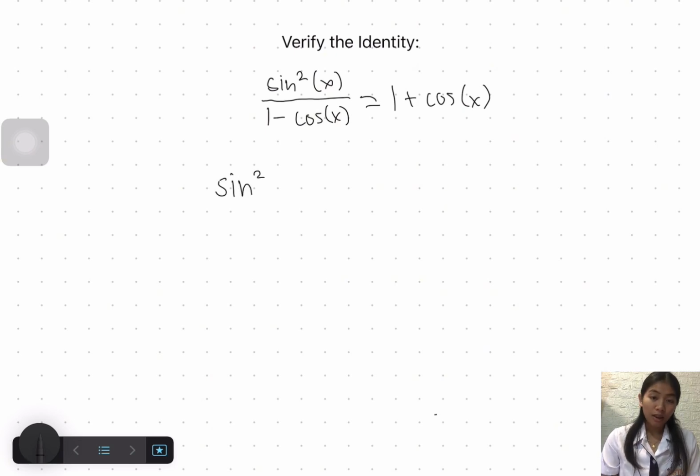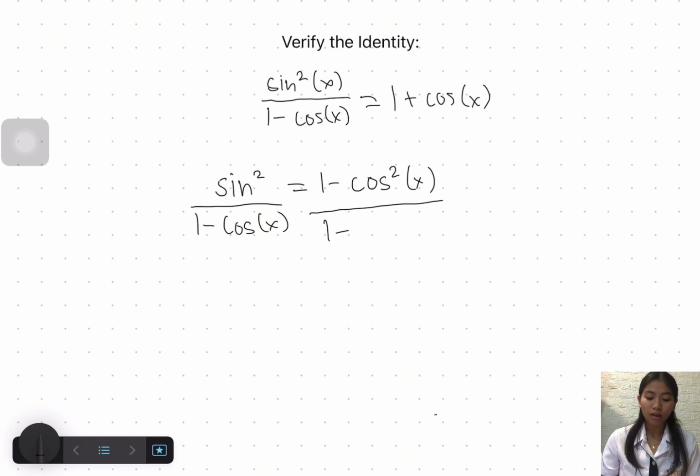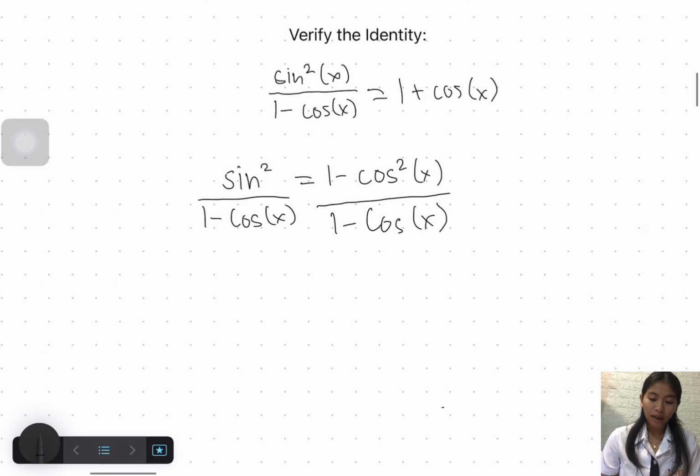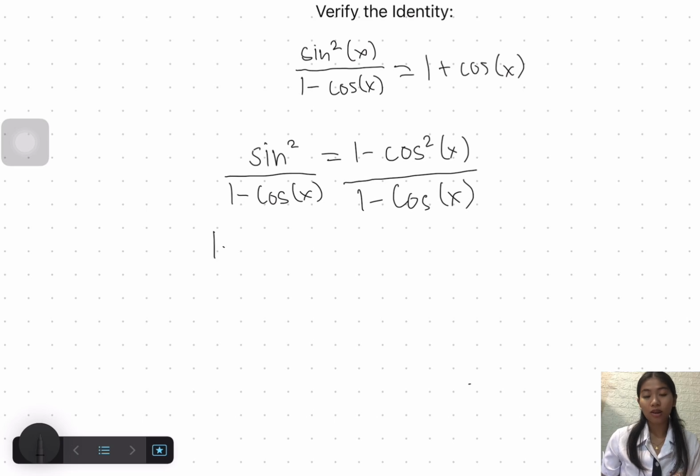So let's rewrite the equation. The identity of sine squared x is 1 minus cosine squared x. And let's not change the 1 minus cosine x on the denominator, since it's clearly shown that they are now similar. And let's factor out the 1 minus cosine squared.